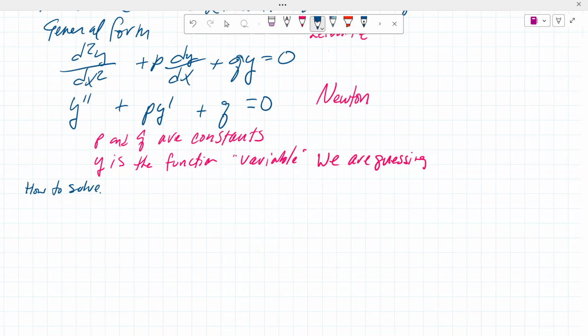Right now, let's talk about how you would do this. Step one: you're going to deduce P and Q, the coefficients, by inspection.